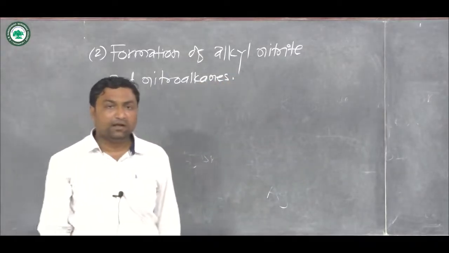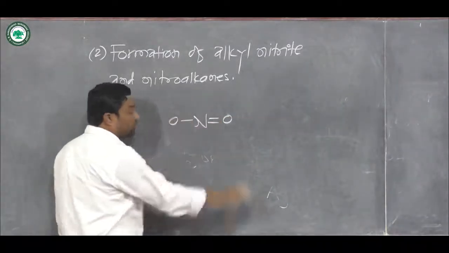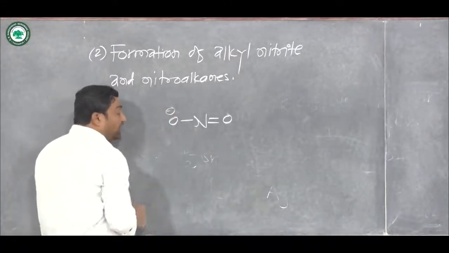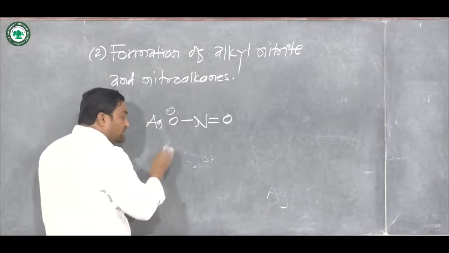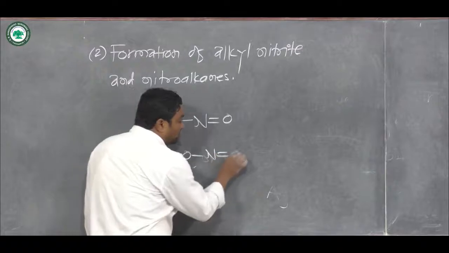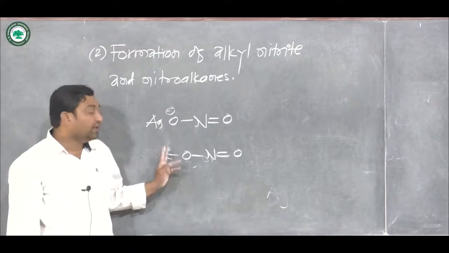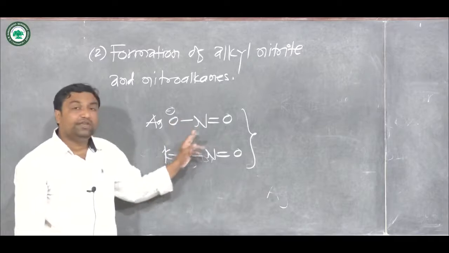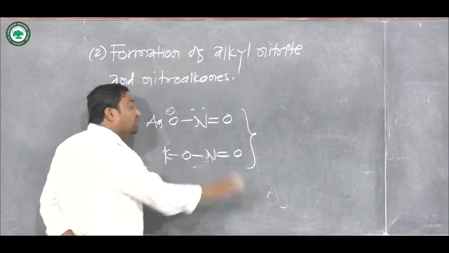We know that this is the nitro group. If we use this nitro group with Ag, we may use AgNO2. In the NO2 group, the nitrogen atom also has a lone pair.